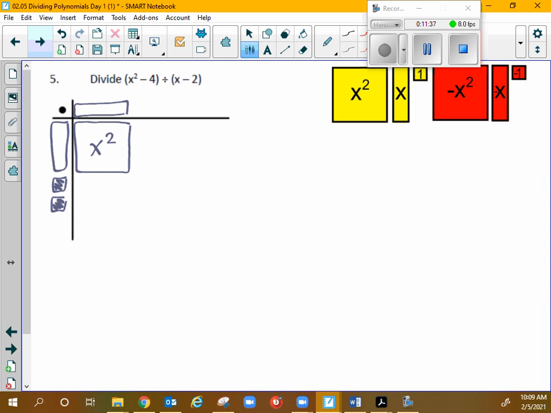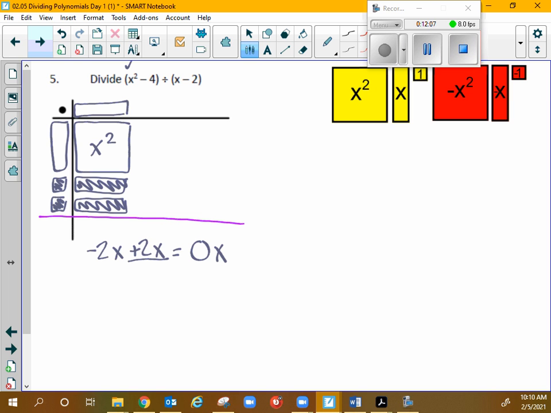Now we multiply x times negative 1, negative x, and then negative x again. And then I can have my boundary lines, right? Negative x again. How many x's did I need though? None. So if I have negative 2x and I need no x, what has to be here? Positive 2x. So I've got to go out to the side here and say I need 2 positives to cancel out the 2 negatives.